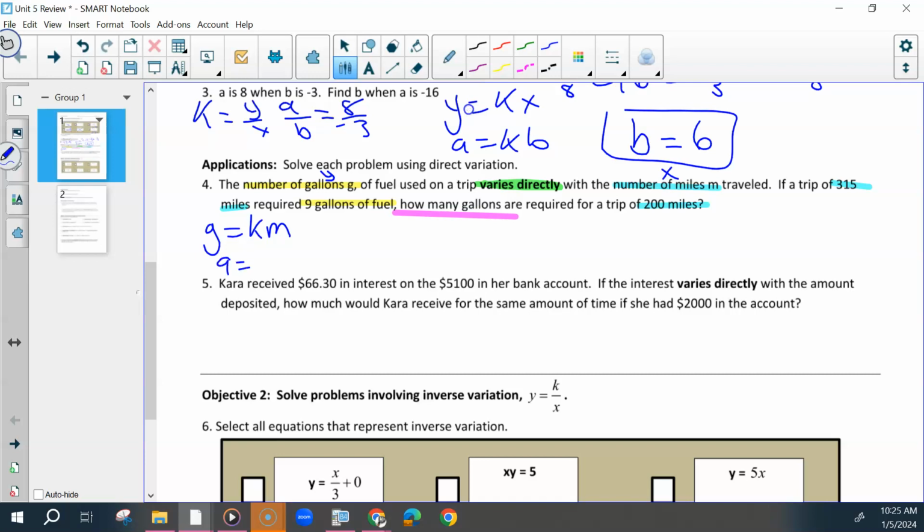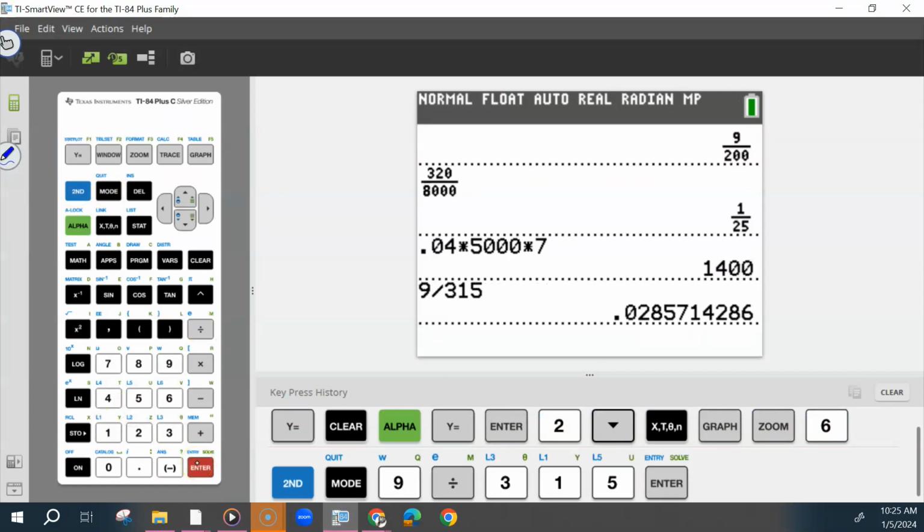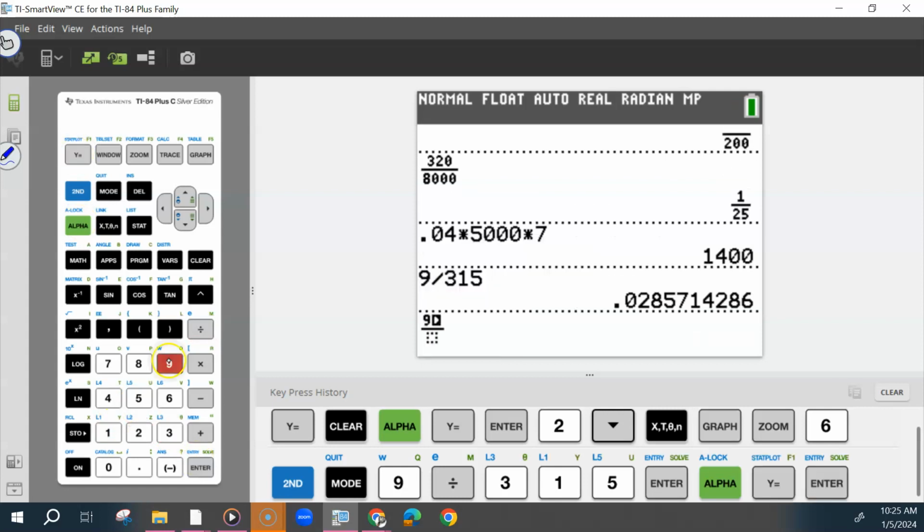Solve for k by dividing. I don't remember if that's a nice decimal or not. No, so leave it as a fraction. Simplify the fraction, 1/35.